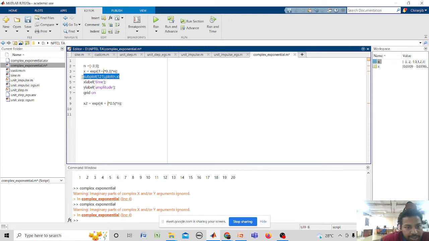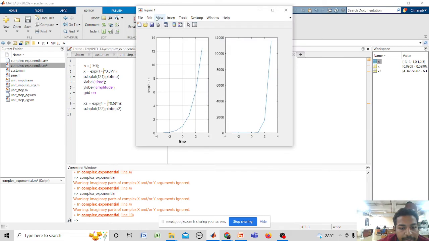Now we want to copy and paste, subplot 1 2 2, comma n. Okay, so this is clear. Now let me plot this graph. Okay, so this is how the graph looks.